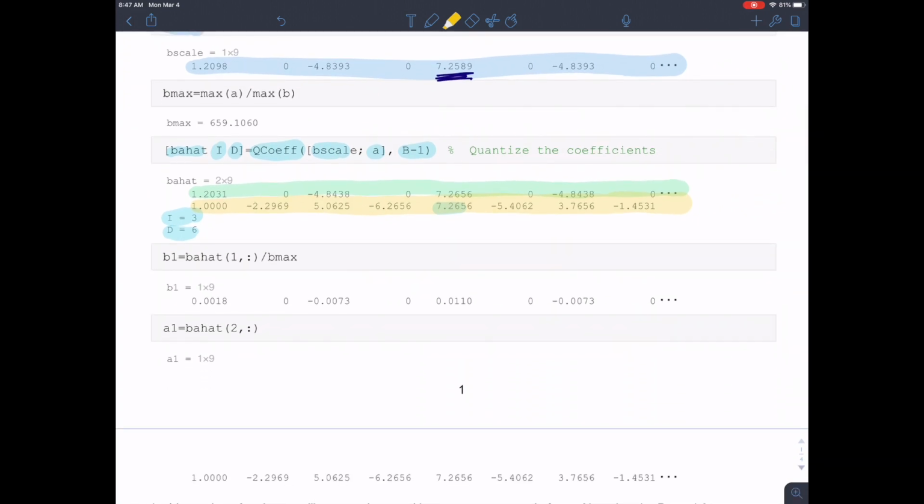The next step in this code is to pull off the B's with MATLAB notation, and then pull off the A's, and so we now have quantized filter coefficients. We can use those in the filter command a little bit later to do the frequency response of the quantized direct form 2 filter. That takes care of the direct form 2 case where we have quantized coefficients.